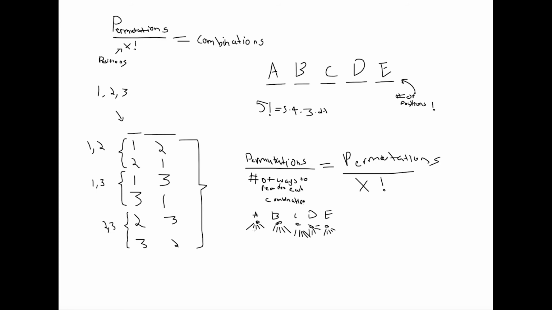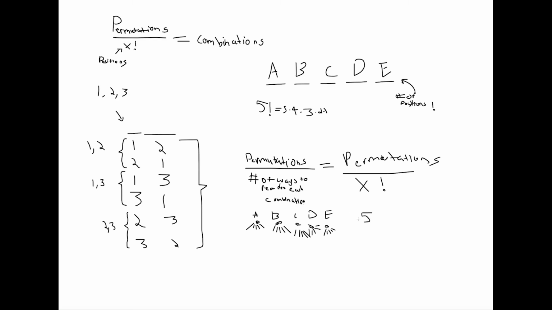So this first slot can be A, B, C, D, or E, and then after that, it can be only 4 different letters. As I was saying, if the first position contained the letter A, the second position could not contain the letter A.